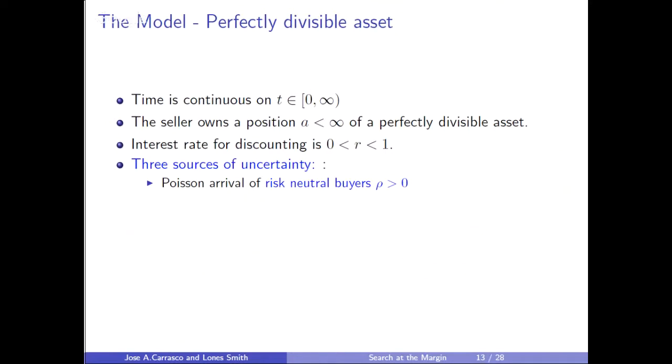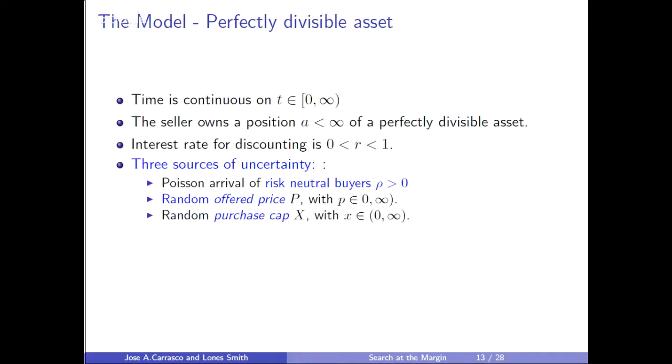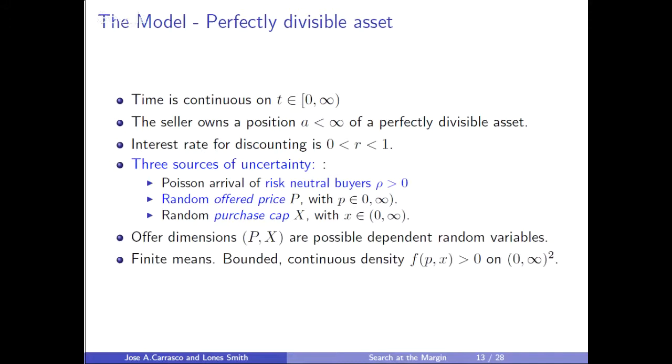Here I will present the plus-on-arrival case. At rate rho, you meet a buyer who offers you a price P with a random purchase cap, which is equivalent to the demand size. Every time you meet someone, he offers to buy X from you at a price P. Again, the offer dimensions are possibly dependent random variables, with an assumption that the density is bounded and continuous.